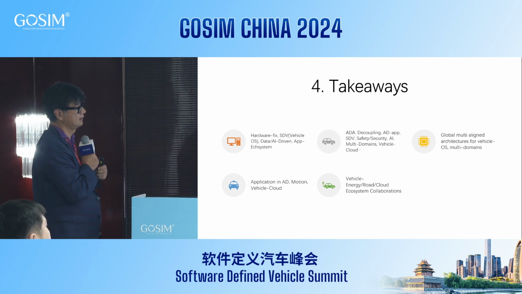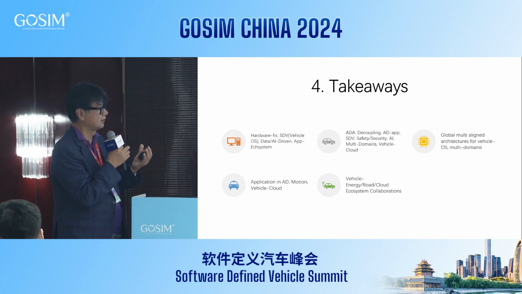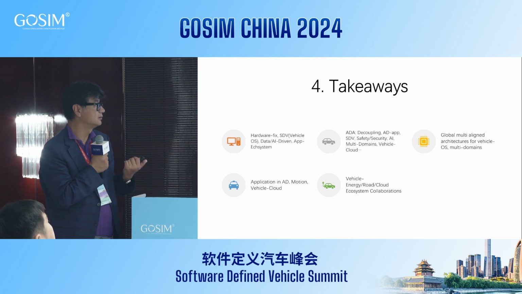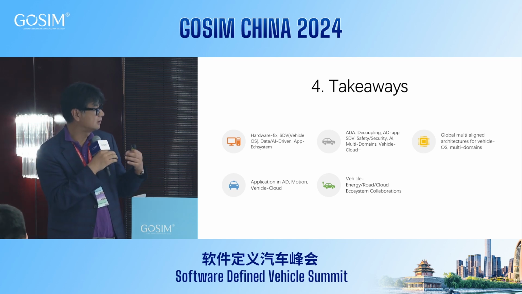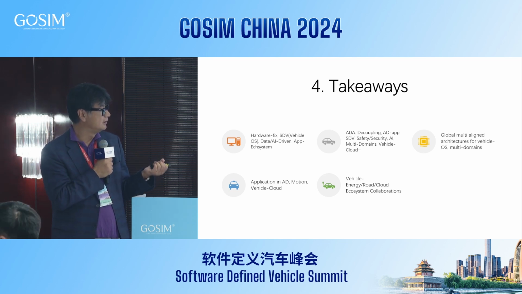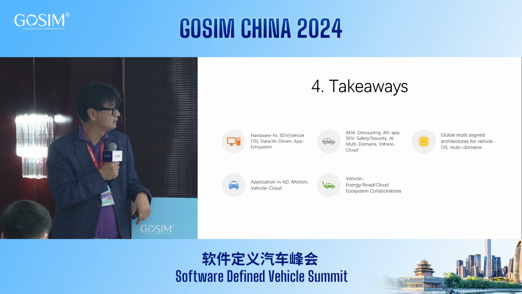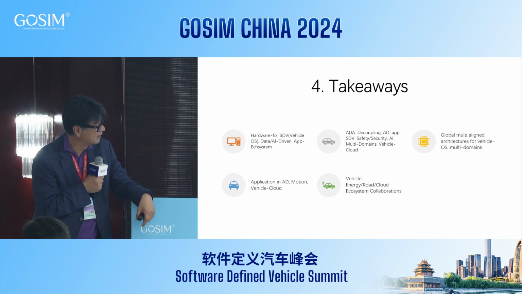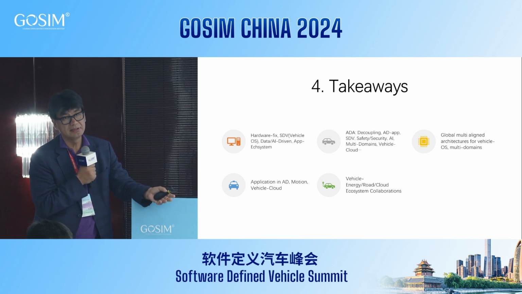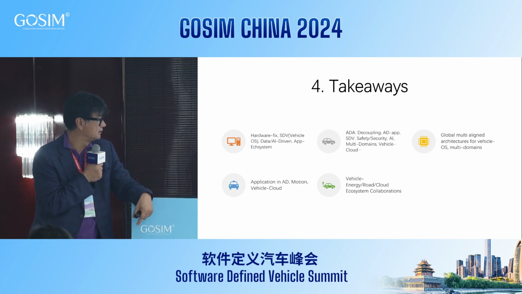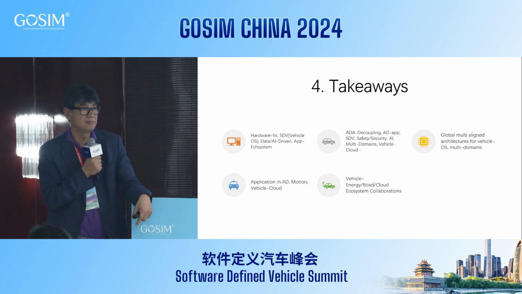Later there is the AI infra, right? And also vehicle-cloud collaboration. The third one is the phone AD domain, but it can be extended to the smart chassis and the in-vehicle, and we also give some application examples.